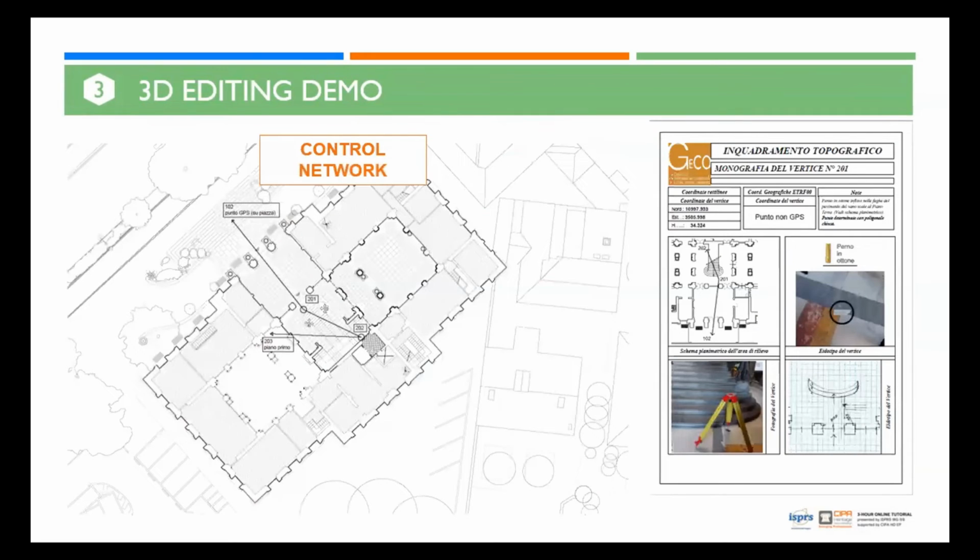This is a previous control network survey that we had done before the CIPA, but during this workshop we obtained a new control network survey and took some other scans with the terrestrial laser scanner.